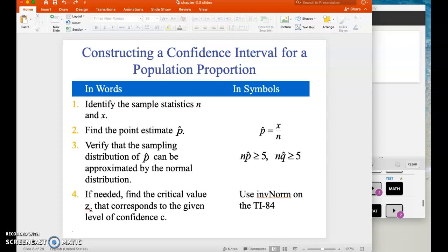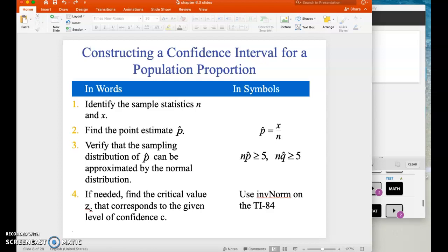For confidence intervals for population proportion, we use N times P hat, which must be greater than or equal to 5, and N times Q hat, which must be greater than or equal to 5, in order to verify that the sampling distribution can be approximated by the normal distribution.